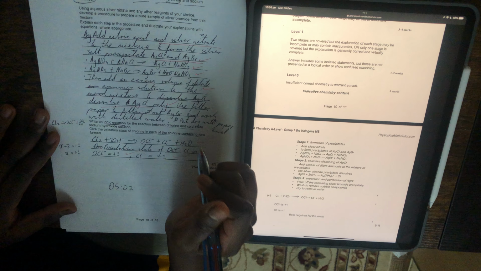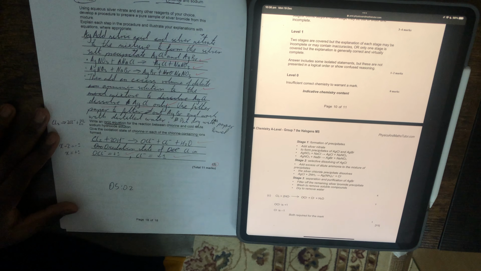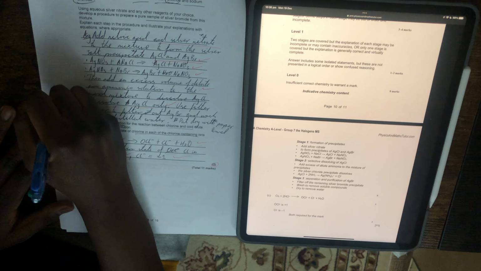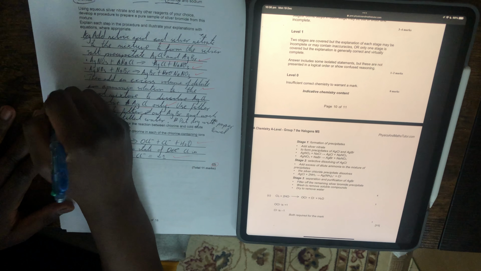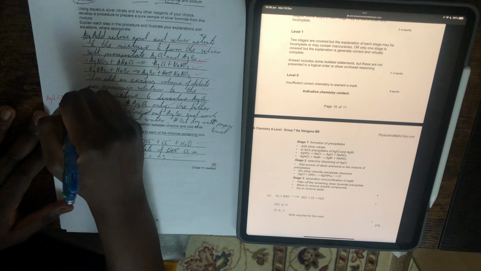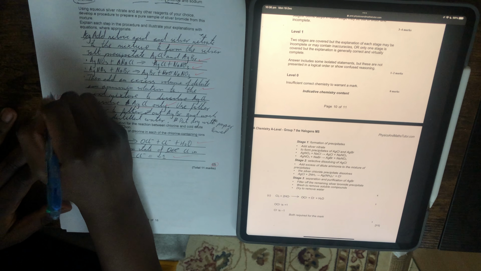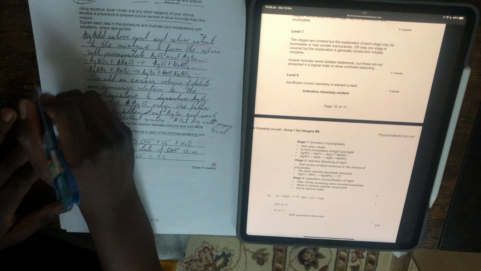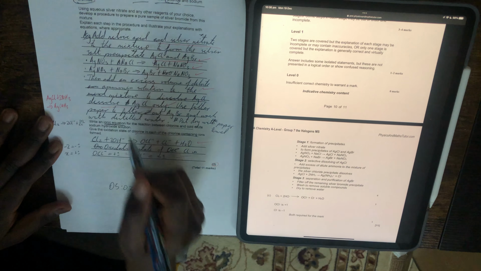AgCl plus, I didn't write that equation down. That's my bad. I should have written that equation down. So AgCl plus 2NH3 goes to form Ag(NH3)2 plus.